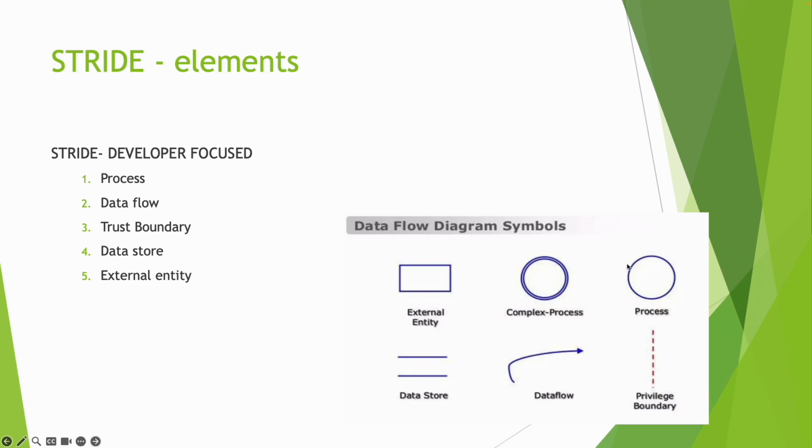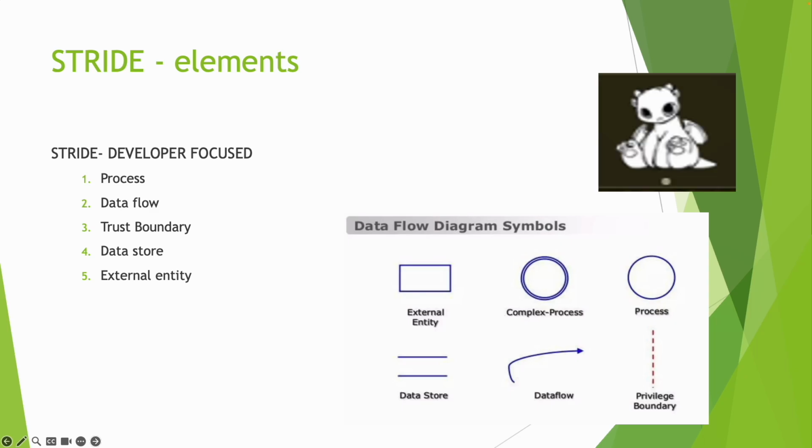A process is always a single circle, the data store is indicated by double lines, the data flow between the systems is indicated with an arrow, and boundaries are indicated with dotted lines. The tool that we use for designing threat models is Threat Dragon.